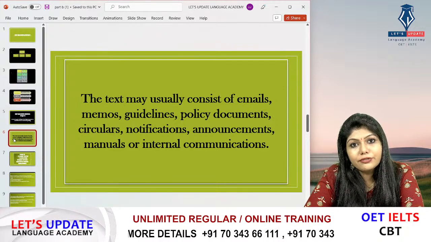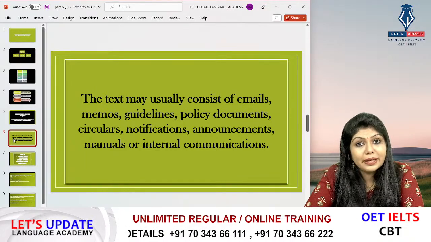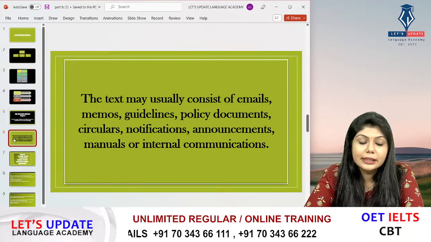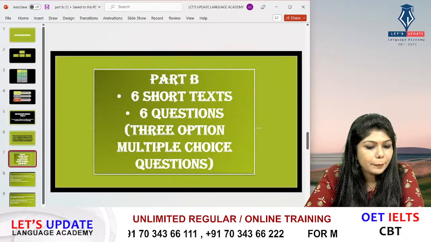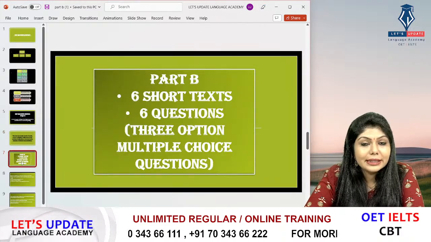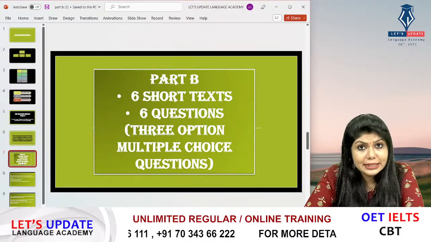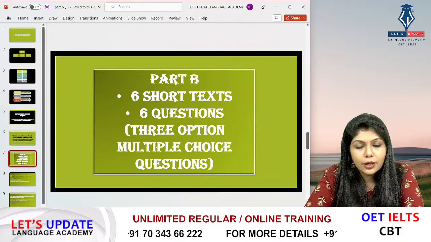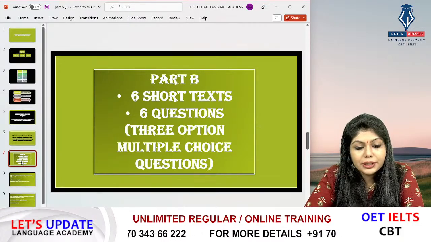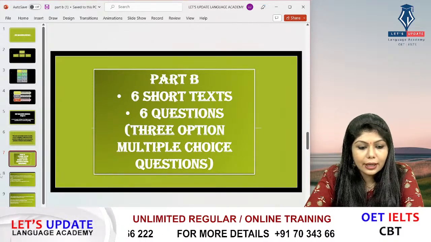Part B consists of 6 short texts, that means extracts, each followed by a question. Each question will be a multiple choice with 3 options.